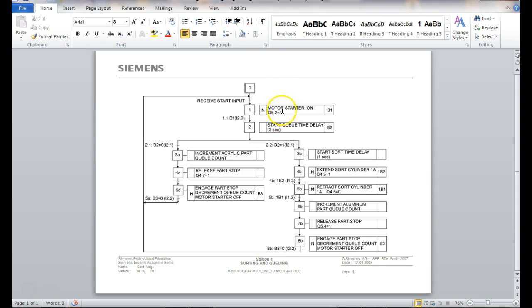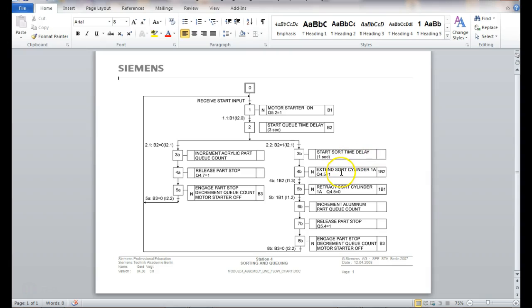And then what? Turns on the motor. And then that affects what? B1. Then it starts the timer. B2. I don't know why. Then this side would be acrylic. And then this side would be metal.